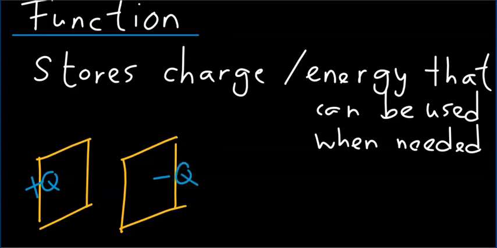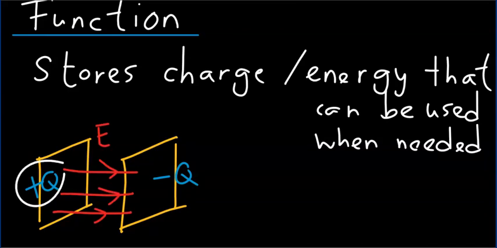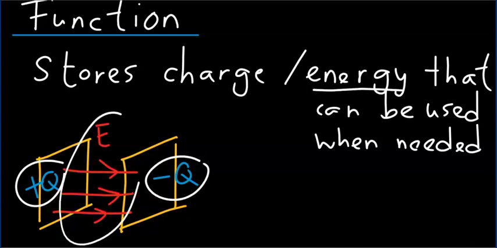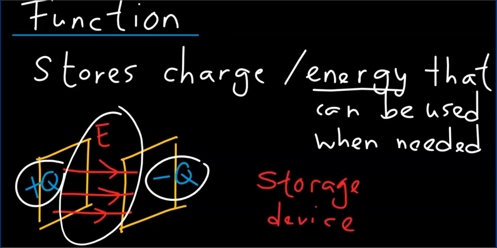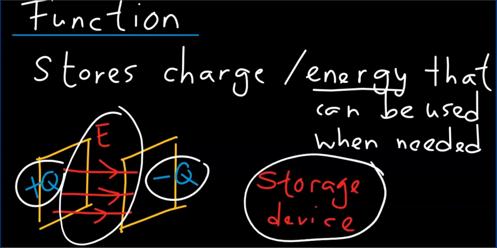Now it creates an electric field going from the first to the second, like that. So by storing charges on plates of a capacitor, we can also store energy inside that electric field. And this energy can be used when needed. So in this respect, a capacitor functions as a storage device.